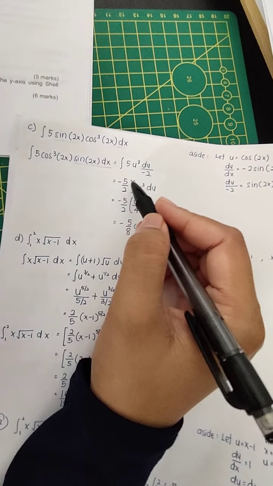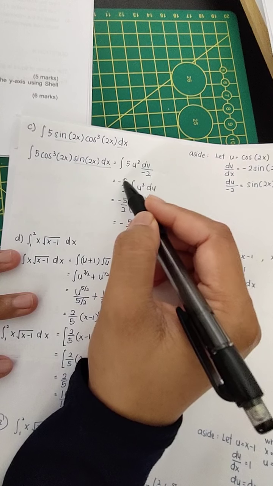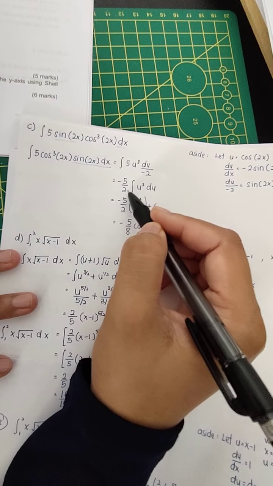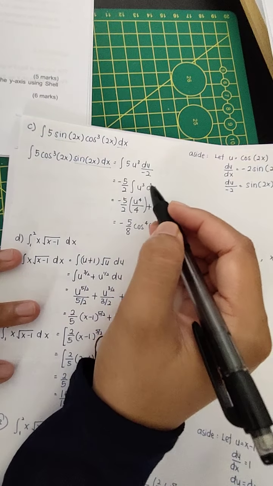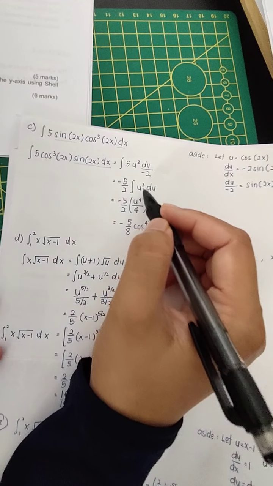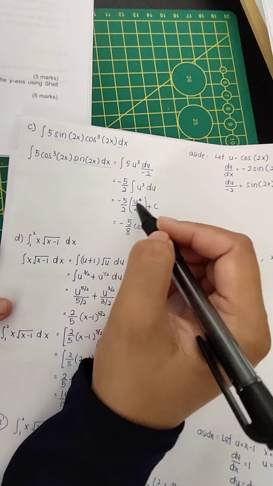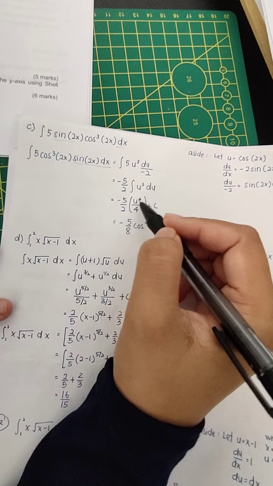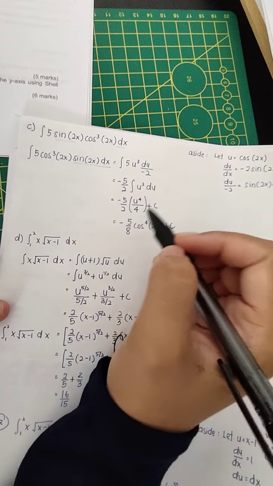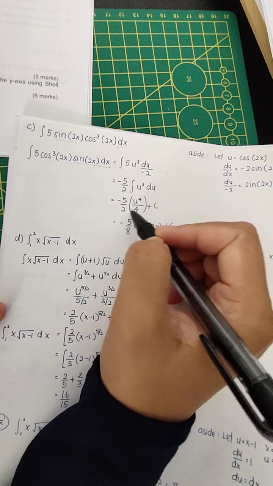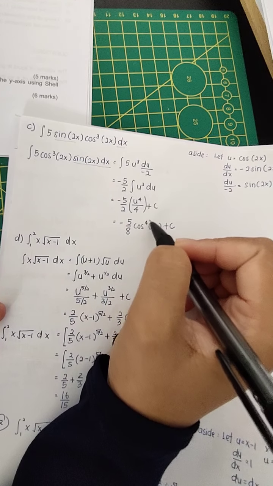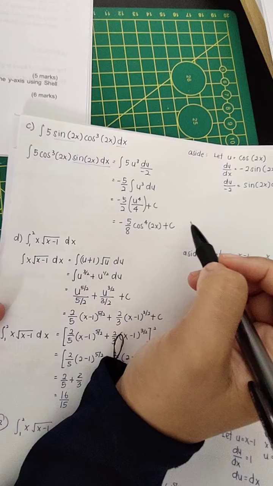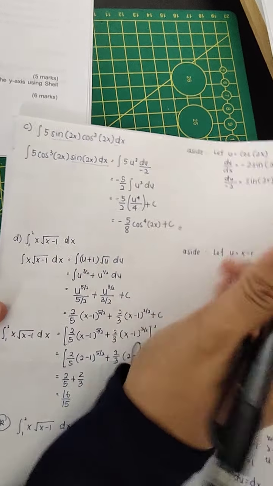So, yang constant saya bawa keluar, which is negative 5 over 2. Okay, yang tinggal integration of u cubed du. So u cubed integrate dapat u power of 4 over 4 plus c. Okay, so gantikan balik lah u ni dengan cos 2x. So dapat negative 5 over, so bawah ni darab 8 cos power of 4 2x plus c. So itu sahaja jawapan awak.